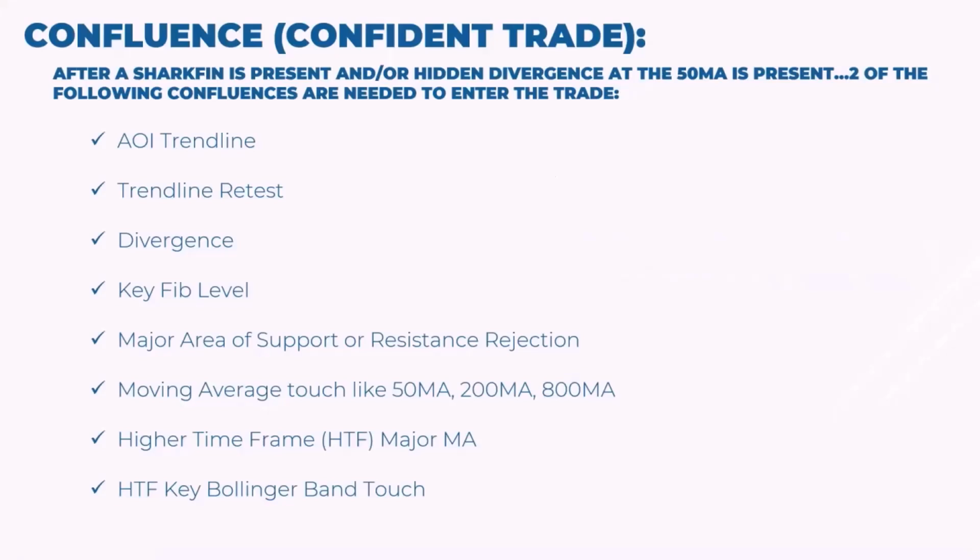Shark fins, we like at any MA. All right, so that has to be present. That should be a rule of yours. Is there a shark fin present? Is there divergence present? If not, keep pushing on.